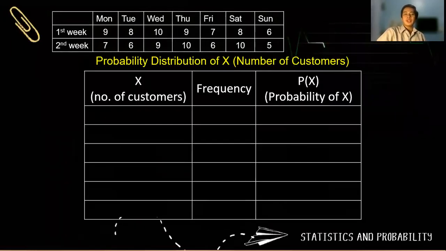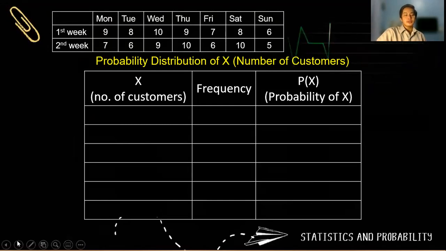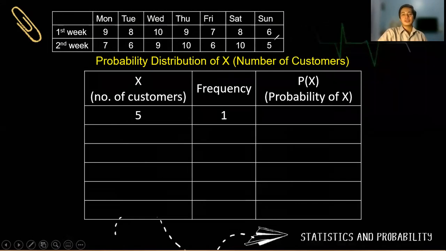Following that principle, we list down all the numbers of customers. The least number of customers is 5. So this is our first random variable. The frequency is 1.